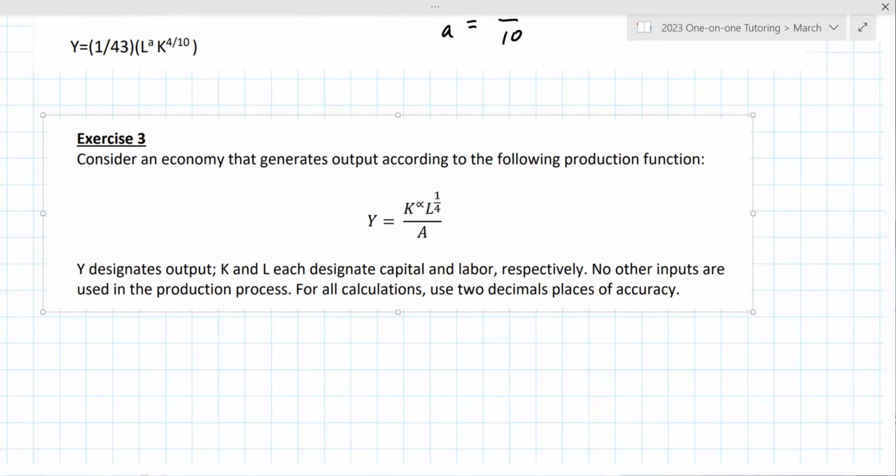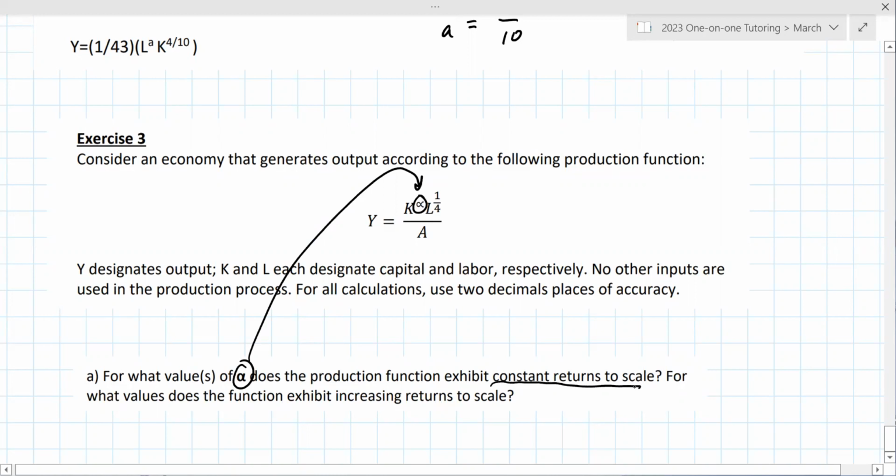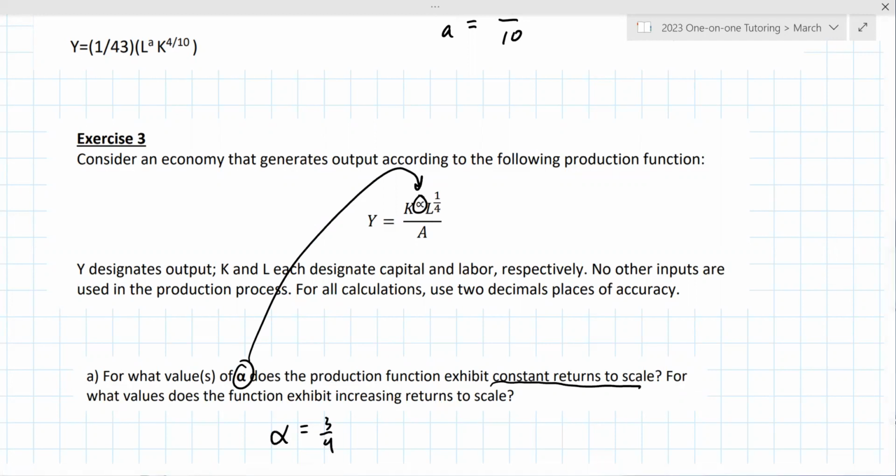Okay, so the first question, and we've already kind of answered this, is for what values of alpha, that's this one up here, do we have constant returns to scale? So we've done this: 3/4. And then anything greater than 3/4 would be increasing returns to scale.